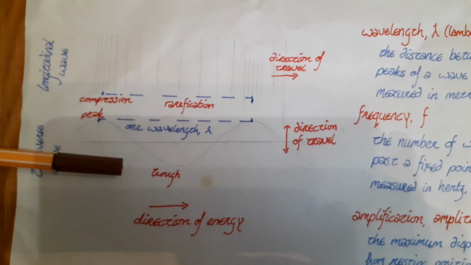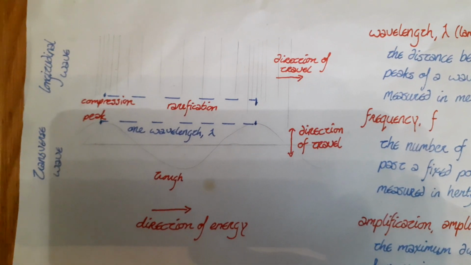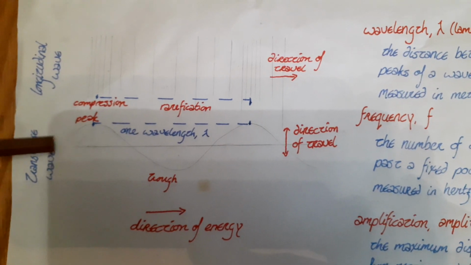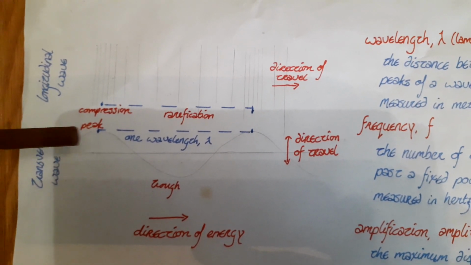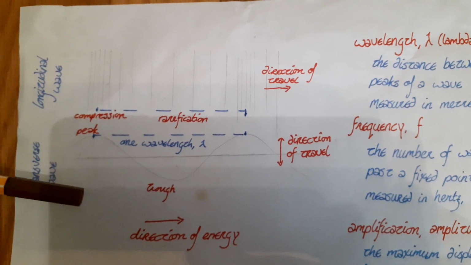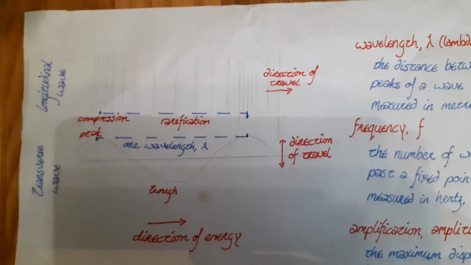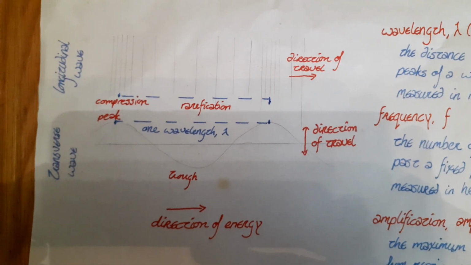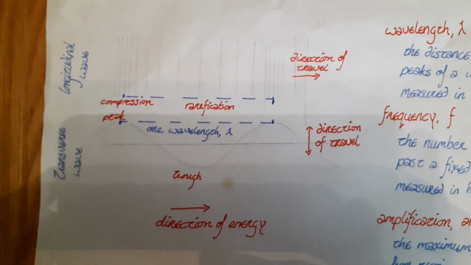So we're seeing them going up and down, but the information those waves are carrying is actually going this way. So remember, trans means opposite. So a transverse wave is going in the opposite way to where the information is going. That displacement is not the way the information is going. That's really an interesting one to get your head around. The wave's going up and down, but the information's going across.